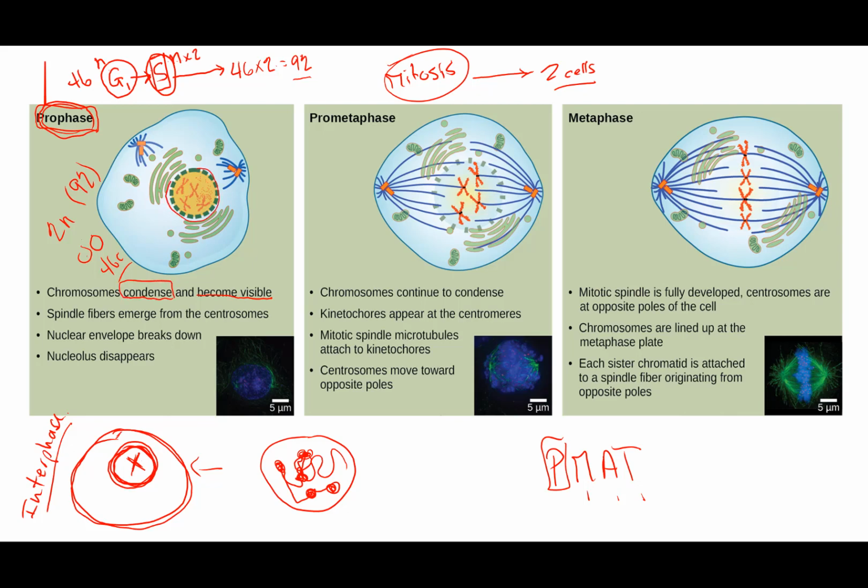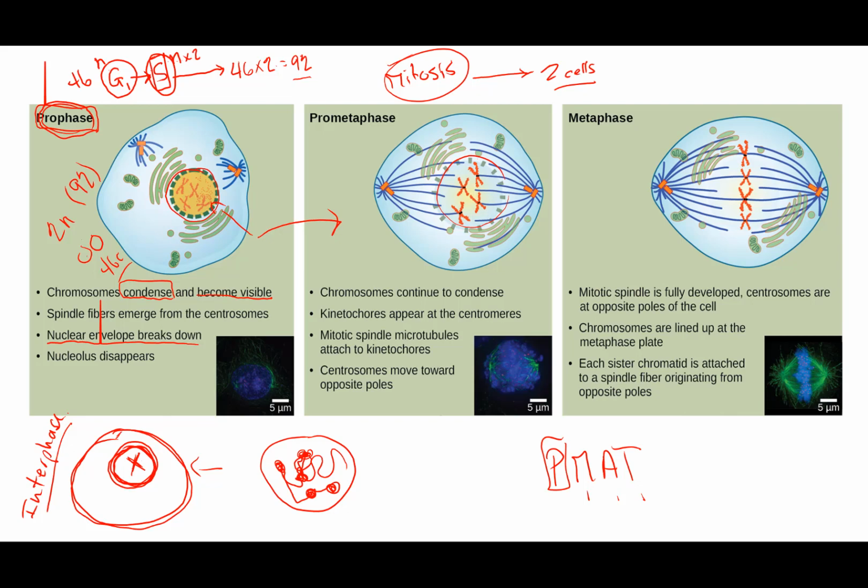So inside that nucleus here that is now starting to disappear, we say that the nuclear envelope breaks down, and we can see it right here. The envelope is actually breaking down, and at some point will disappear. Look, in prometaphase we don't really see the nuclear membrane anymore. So the nuclear envelope breaks down, and that's normal.